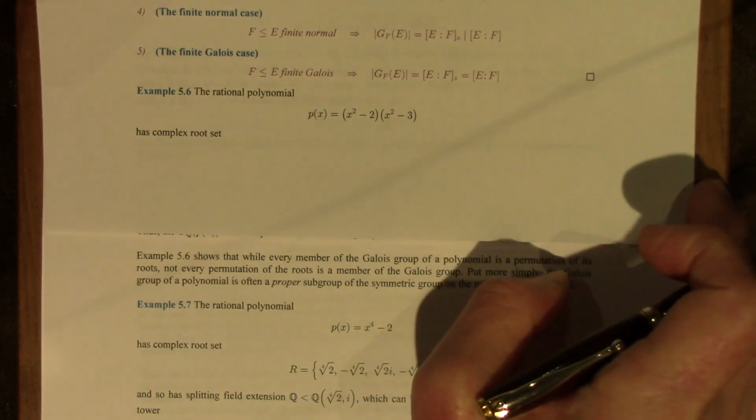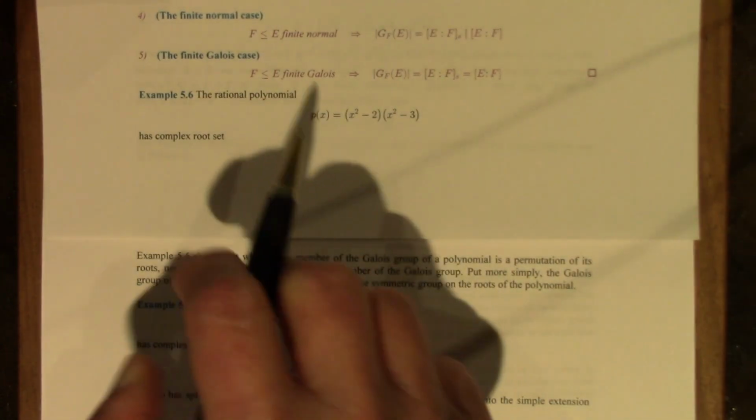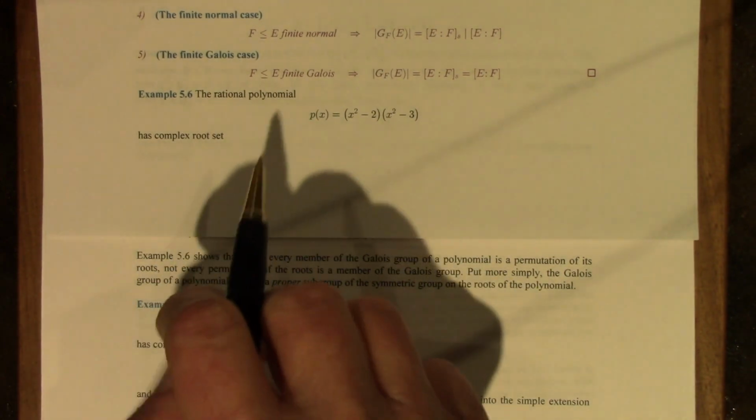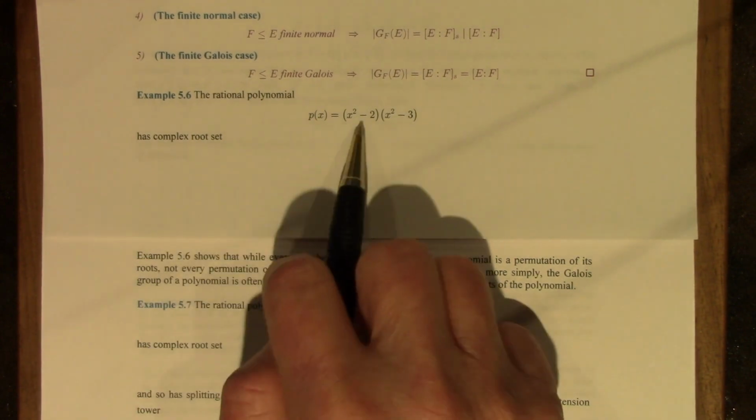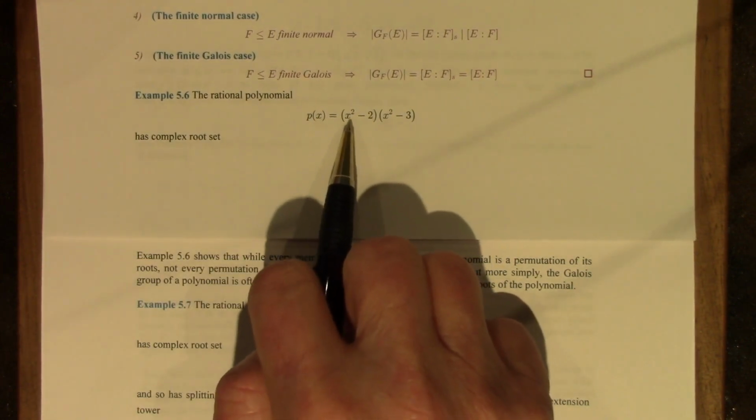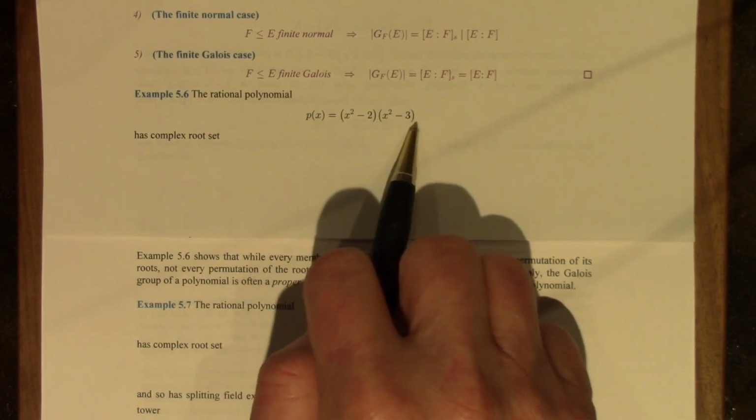Let's look at a couple of examples of Galois groups. These are relatively simple ones, but it'll give you a sense of what's going on here. Look at this rational polynomial, (x squared minus 2) times (x squared minus 3).